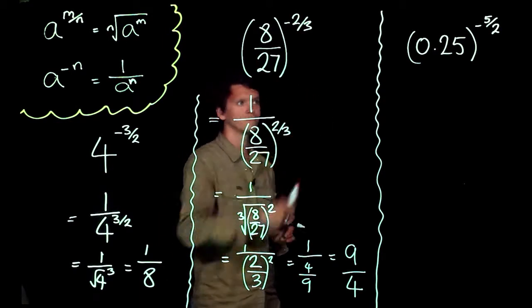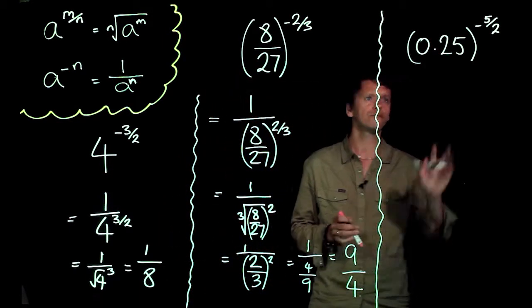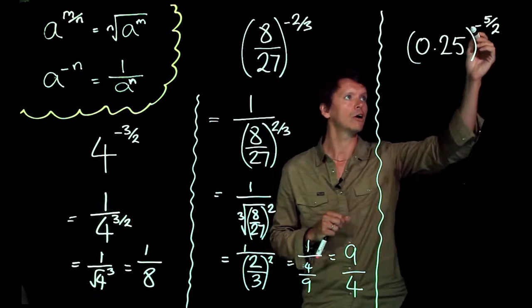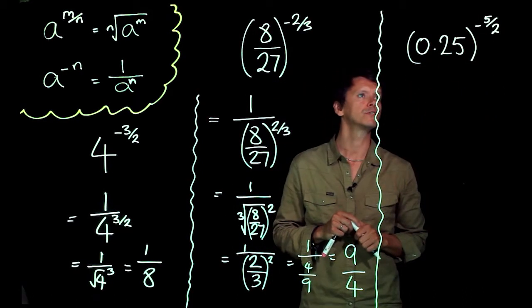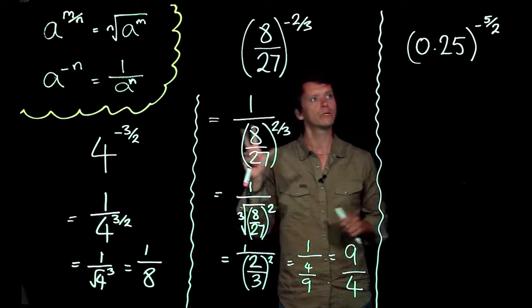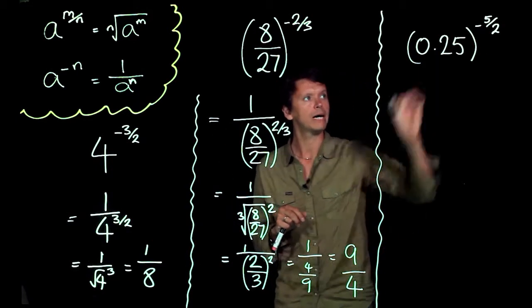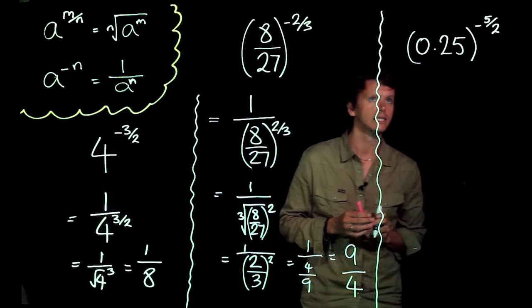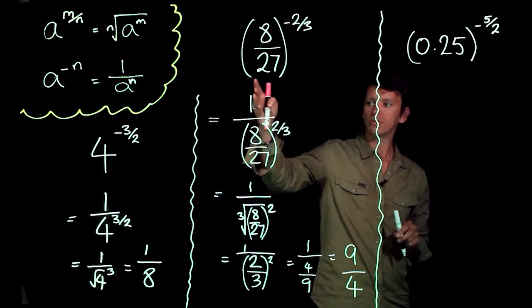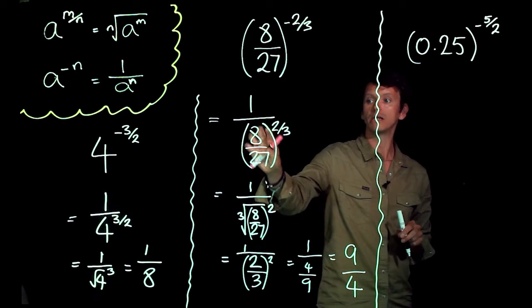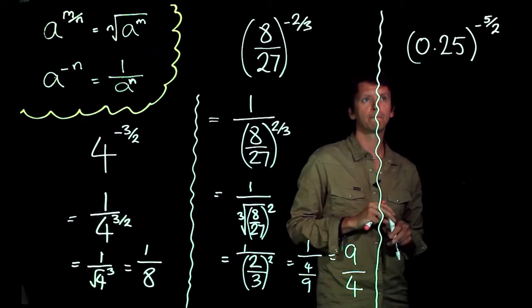We're dealing with a decimal here, 0.25, all raised to the power of minus 5 over 2. Just like we've been doing, we're going to deal with this negative power first. What we've been doing up until now is putting 1 over the number and changing it to a positive power.